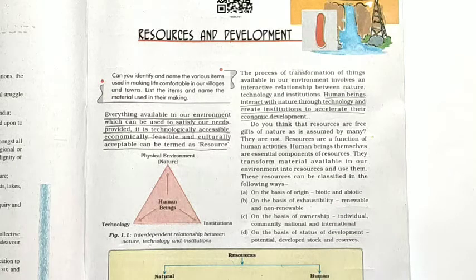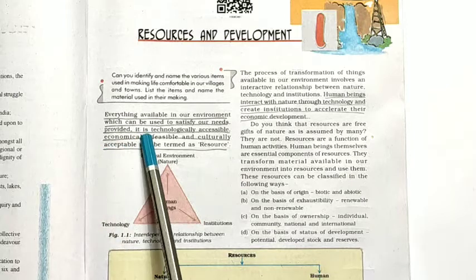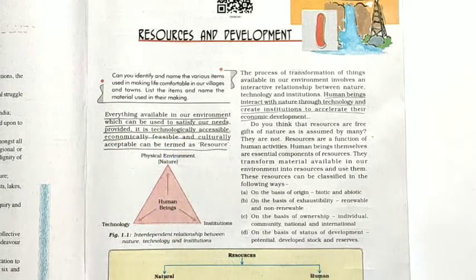Here, technologically accessible means the material, for example, minerals like gold or silver, mining is done by using some technology, and after extraction, they are used. Without technology, the minerals would not have been extracted and it would never be of use. Secondly, economically feasible means the material should be able to be distributed among us humans.